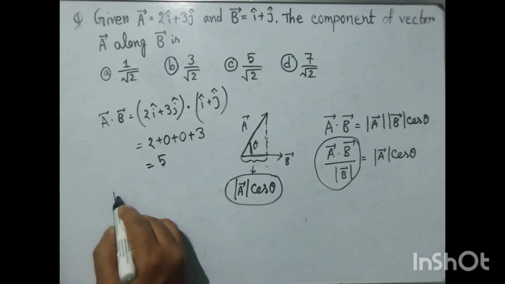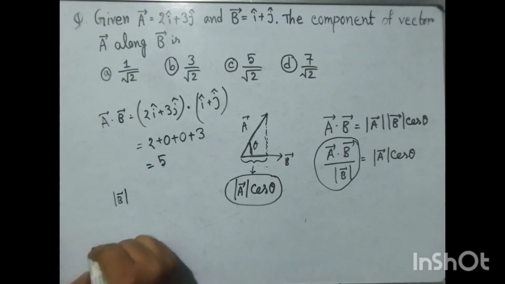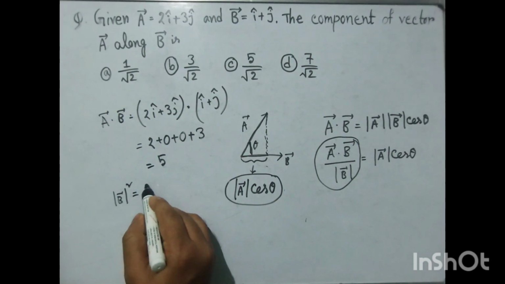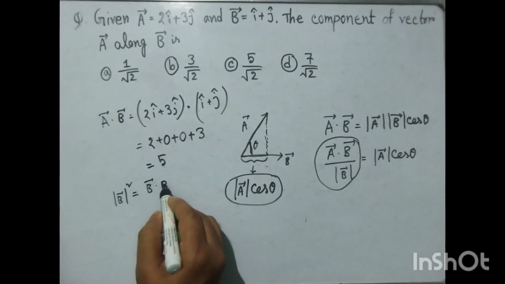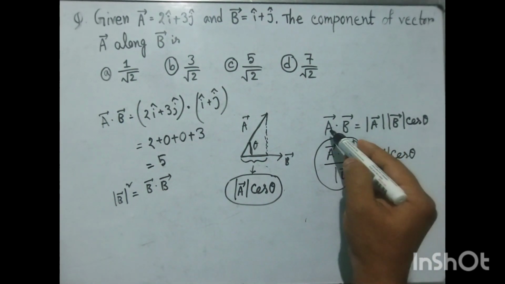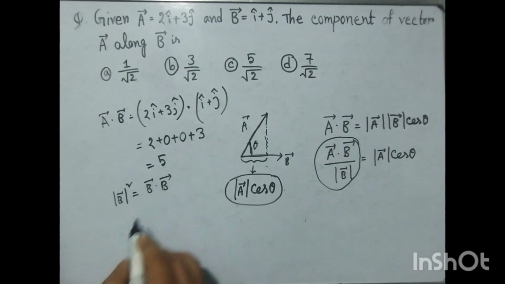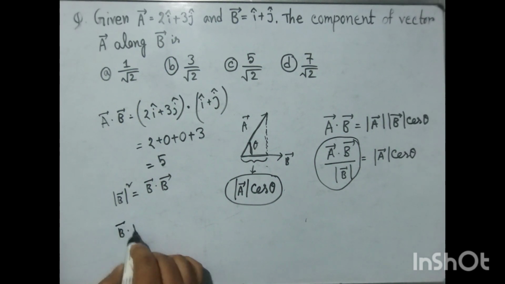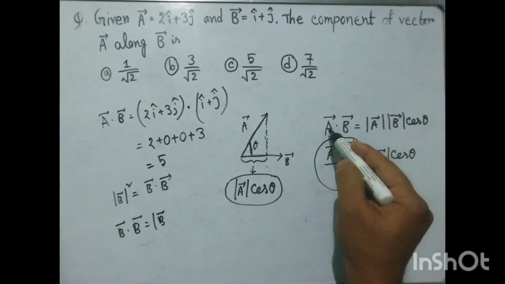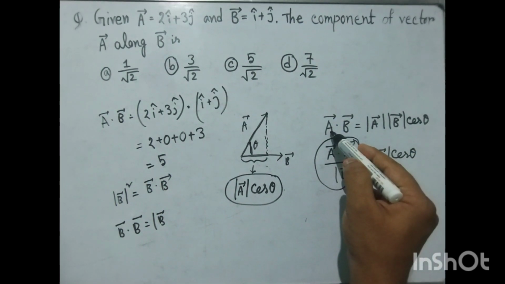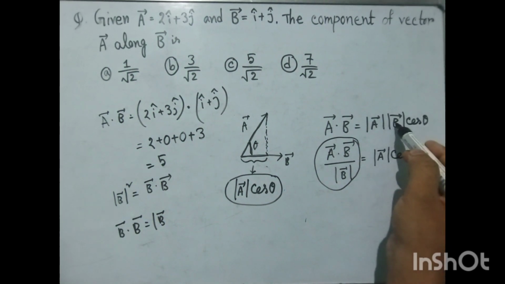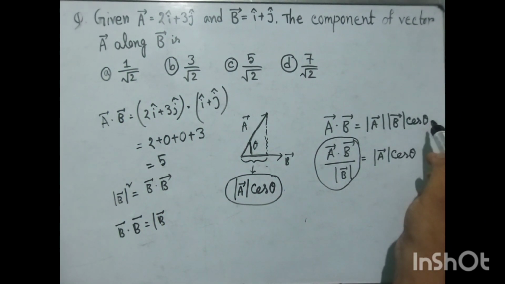And what is the magnitude of B vector? Okay, we know magnitude of B vector square is B vector dot B vector. How do you find this? If you find B vector dot B vector, suppose in place of A you put B vector, then it will be magnitude of B vector into magnitude of B vector and cos theta.